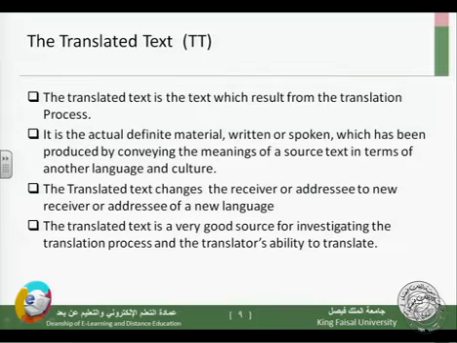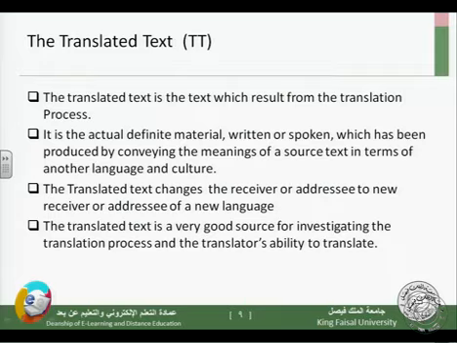It is the result of the translator's processing operation. He processes, he puts his ideas or his translation onto paper. Now it is actual, it is definite, it is there. This is what we mean by the translated text.